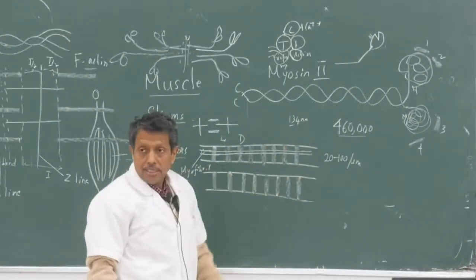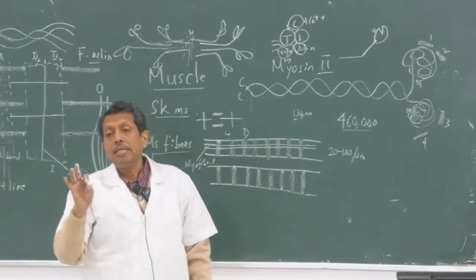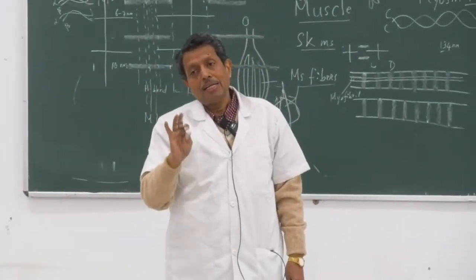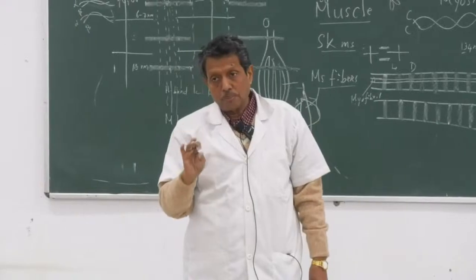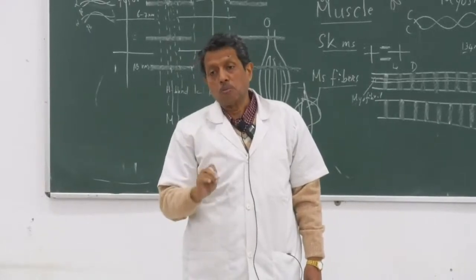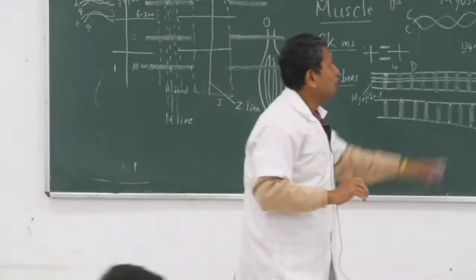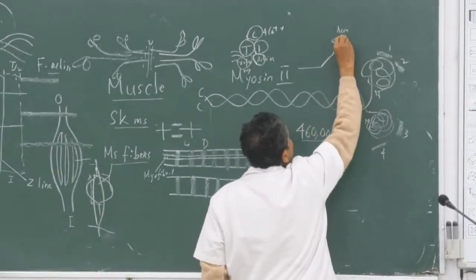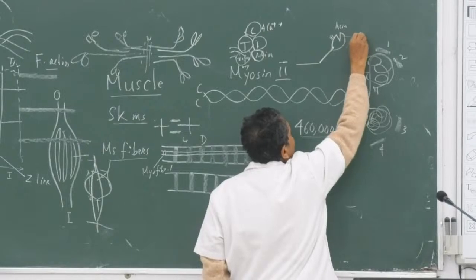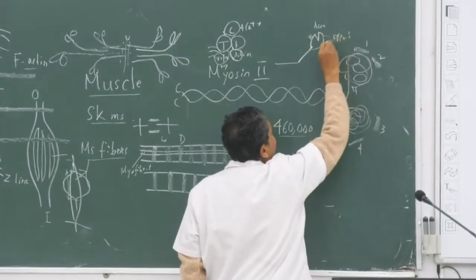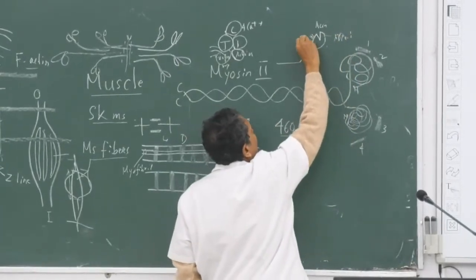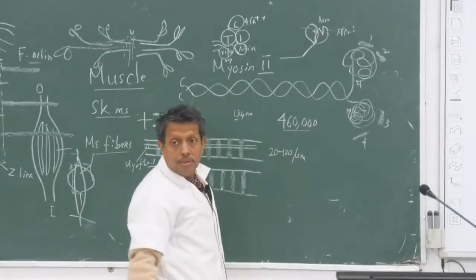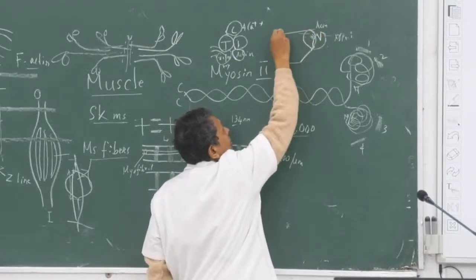And when ATP enters it, it is converted into ADP, adenosine diphosphate, plus inorganic phosphate, and the energy is conserved, and it is in that form. But when it binds with the actin molecules, then there is liberation of this ADP and Pi, and energy is used, and there is movement of this part. And the actin filament will move in this way.